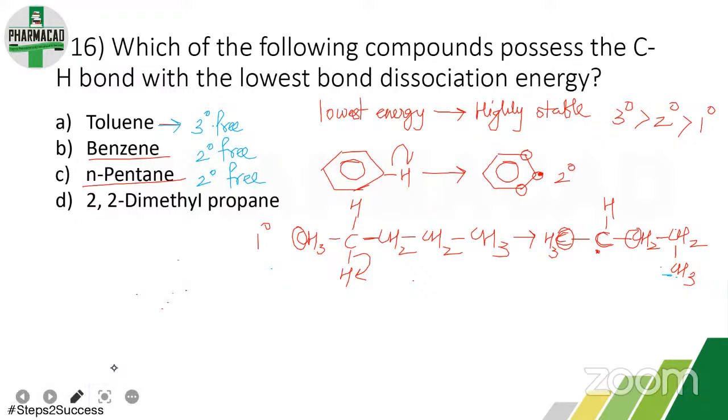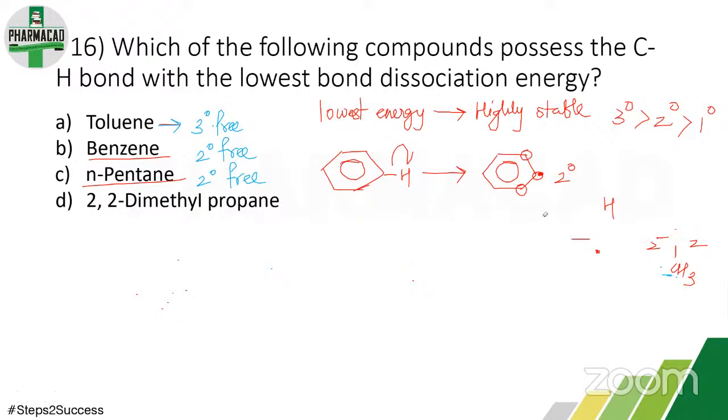Next is 2,2 dimethyl propyl. So 1, 2, 3, 2, 2.